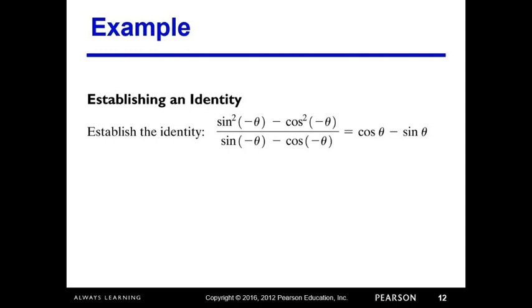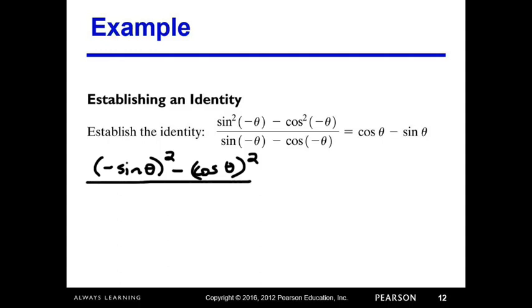So first of all, sine squared of negative theta will be the same as negative sine theta squared, minus cosine of negative theta, which is just the same as cosine theta. So that's the new numerator. In the denominator we're going to have negative sine theta and then still minus cosine theta.